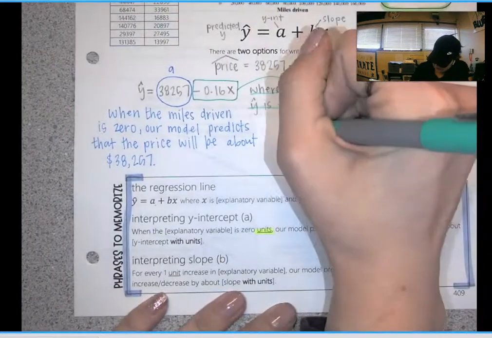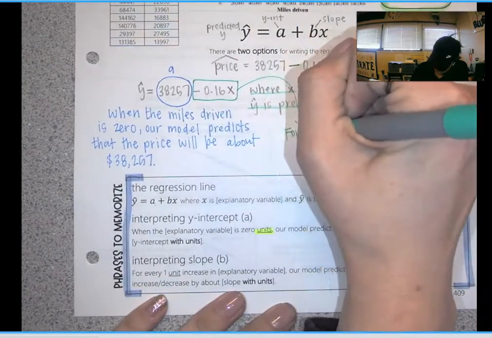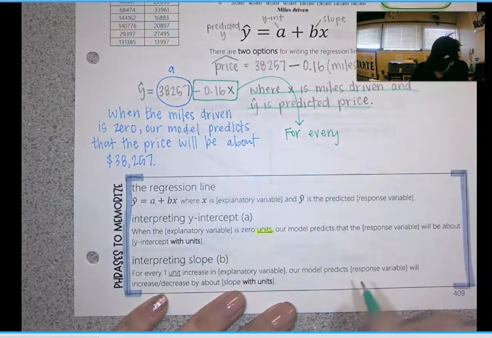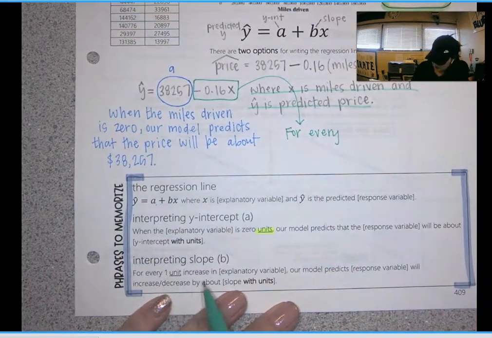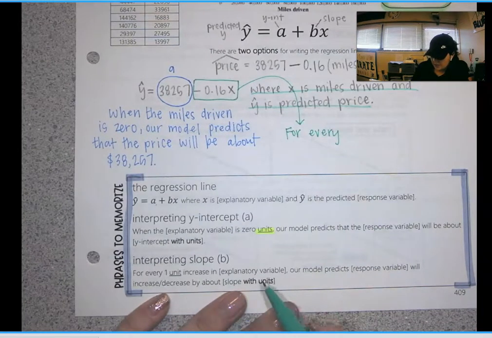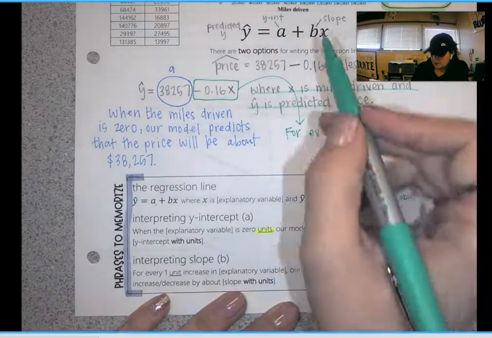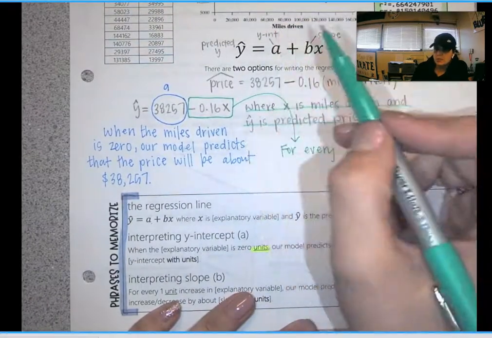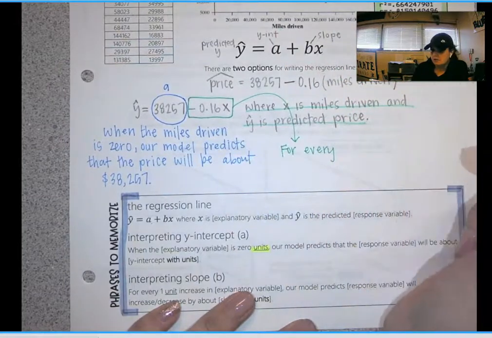So for every, and then it says 1 unit increase. So 1 unit increase in the explanatory variable. So a 1 unit increase in miles driven would be 1 mile driven.